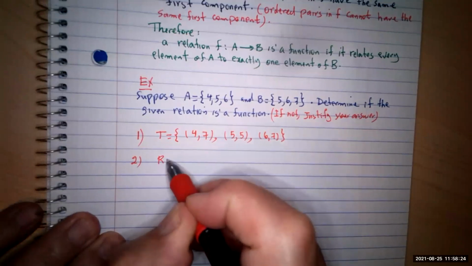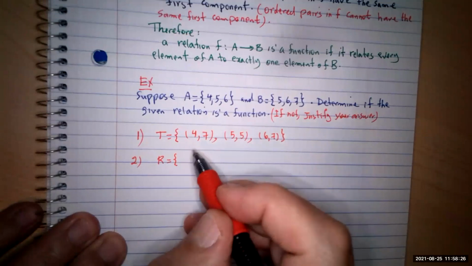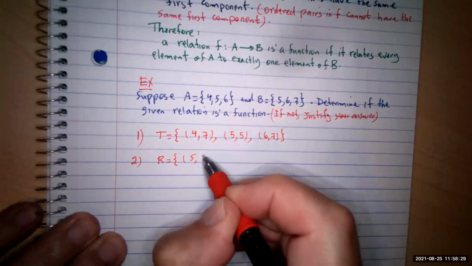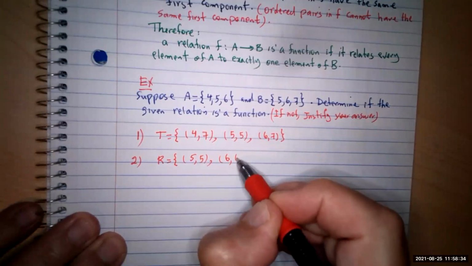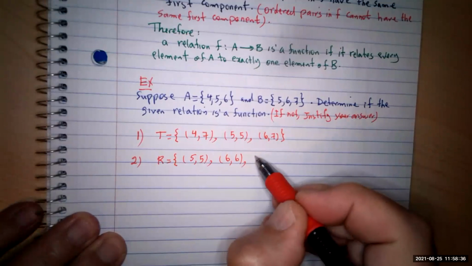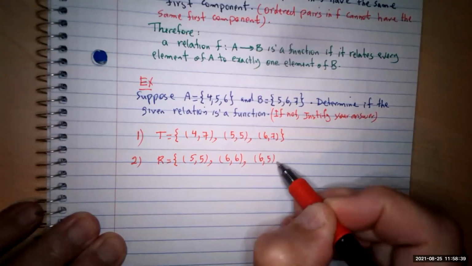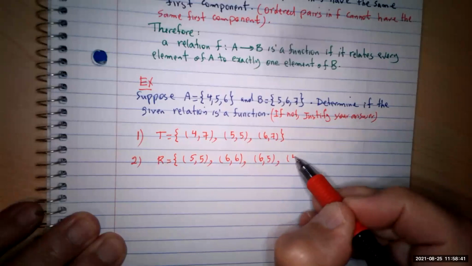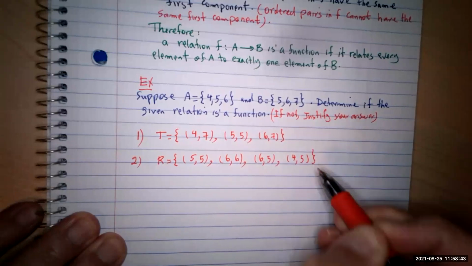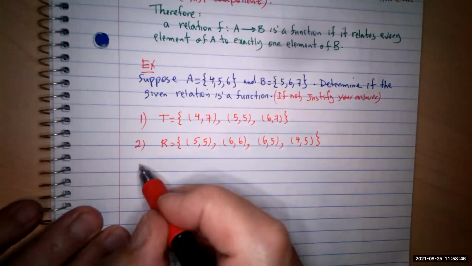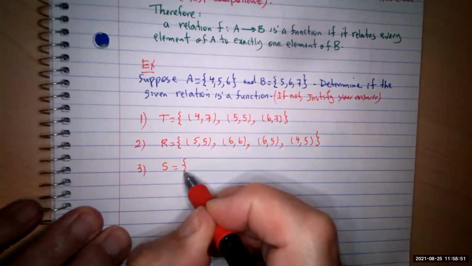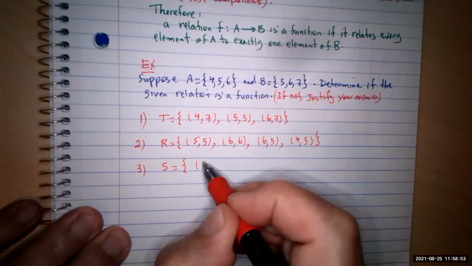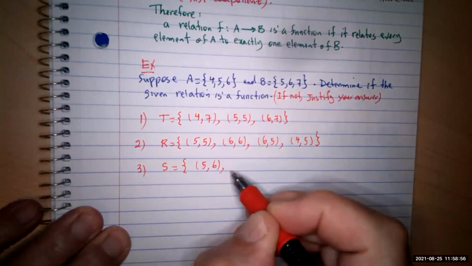The second one is a relation R, given by (5, 5), (6, 6), (6, 5), and (4, 5). And the third one, let's call it S, is (5, 6) and (6, 7).